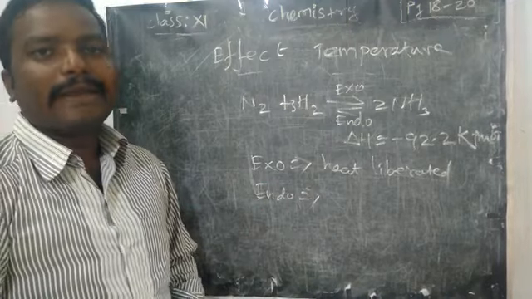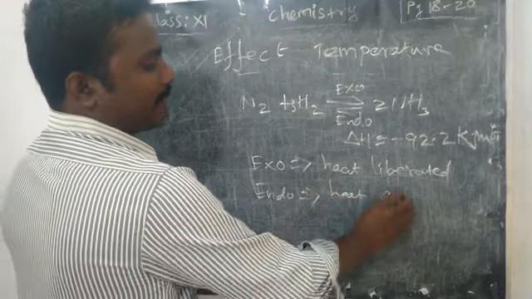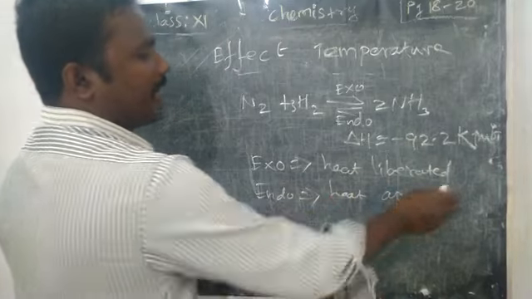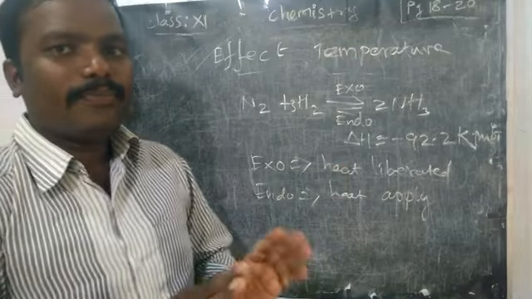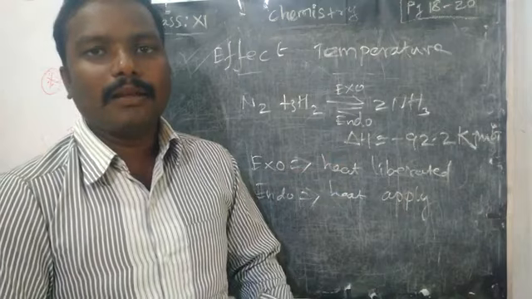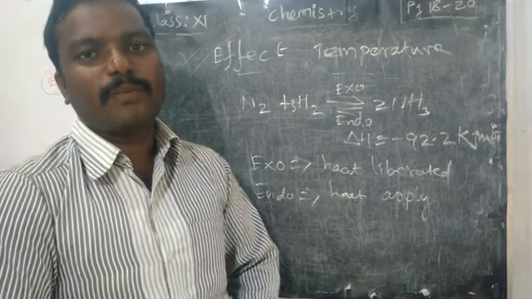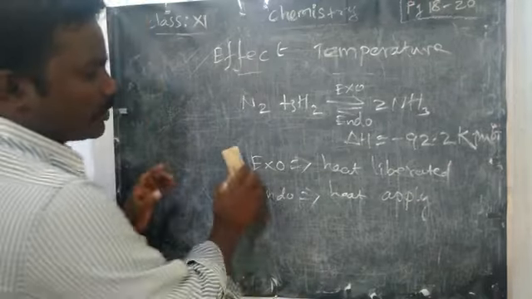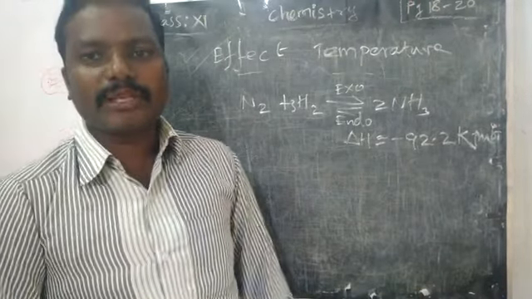Endothermic means that if you apply heat, then only the reaction will proceed. Based on endothermic and exothermic, we can explain how temperature affects the equilibrium reaction. So we are clear that the forward reaction is exothermic.